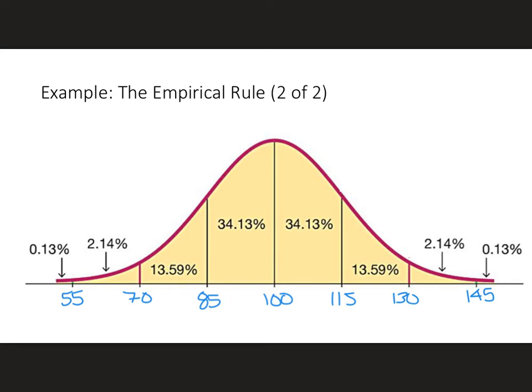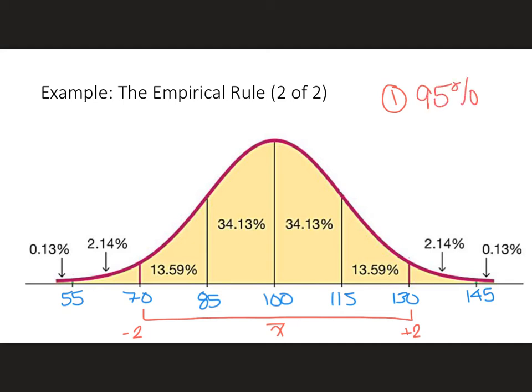So we're looking here. If this is our X bar and this is 2 standard deviations below and this is 2 standard deviations above, so within 2 standard deviations, that is, if you remember back to the rules that I told you, about 95%. So your first answer should be 95%.